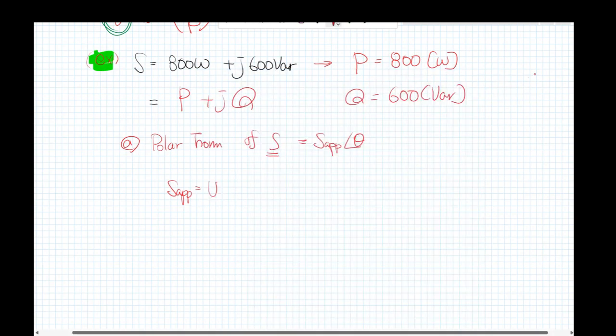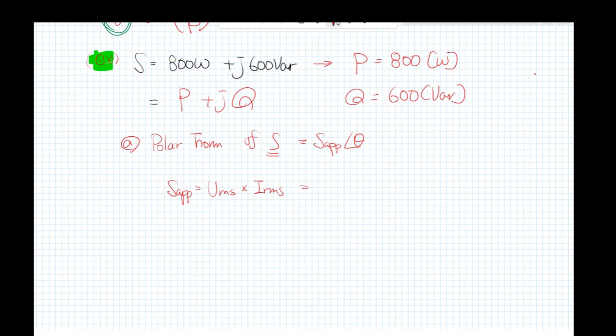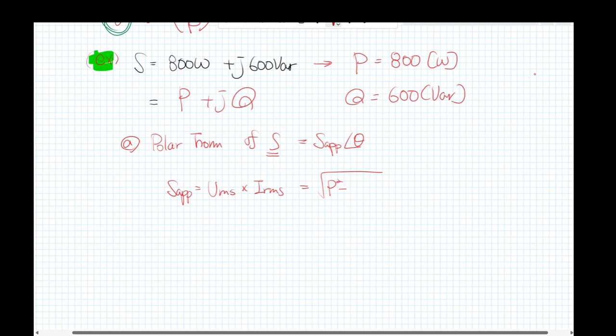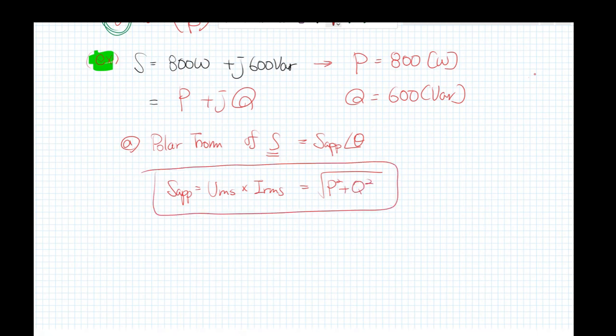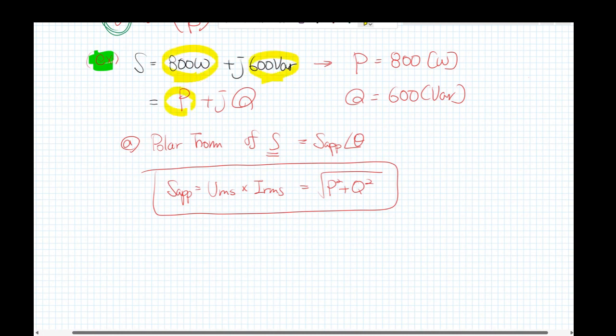So V sub RMS multiply I sub RMS, or sometimes square root of P square plus Q square. From the given question, we know what P and Q are.